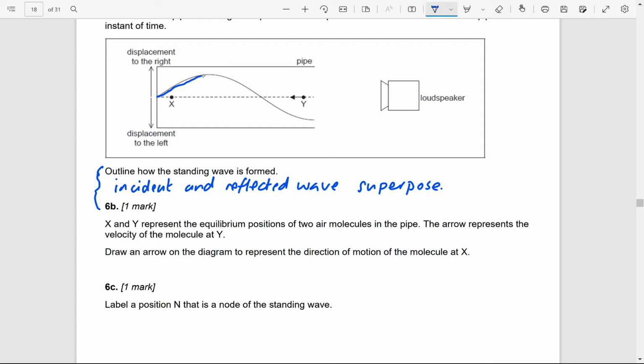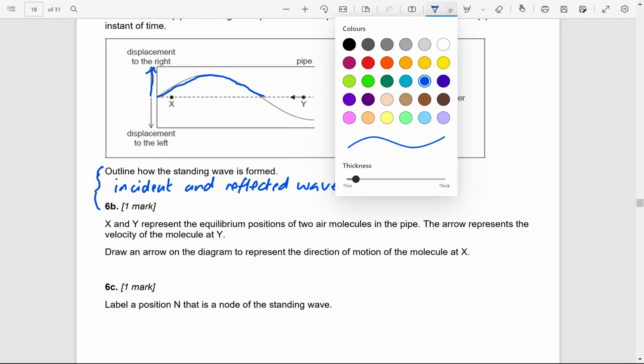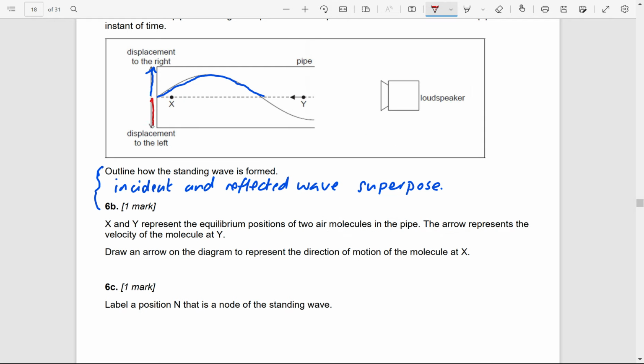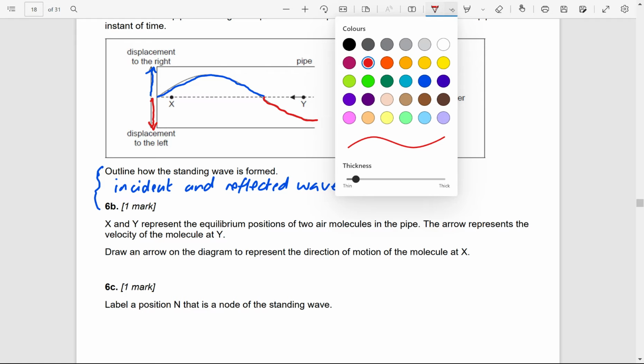I'm just going to redo that. So we can see for all of the blue section, it's in the to the right region. And I'll just show you the equivalent bit. For this bit, below the equilibrium, it's in the to the left bit.